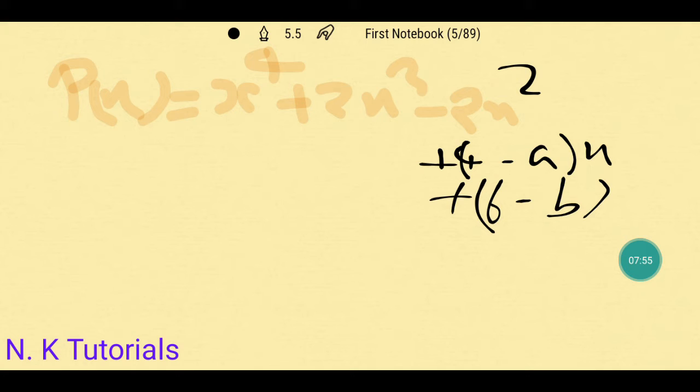Correct. Now we have to apply the factor theorem to this function. So how will we apply the factor theorem?